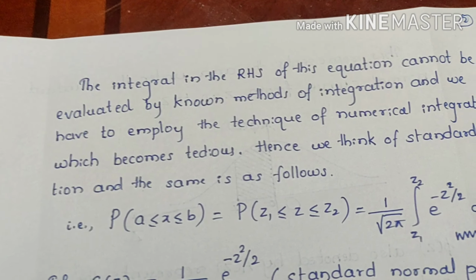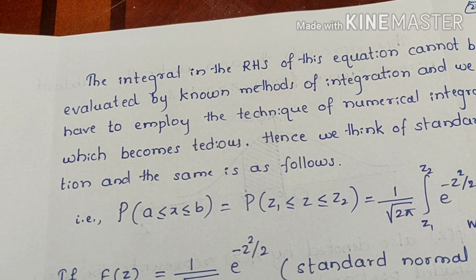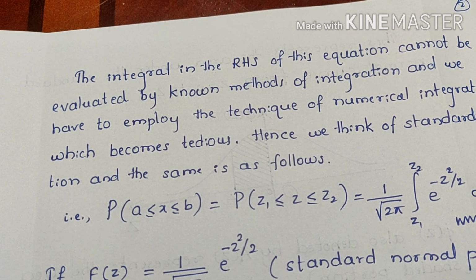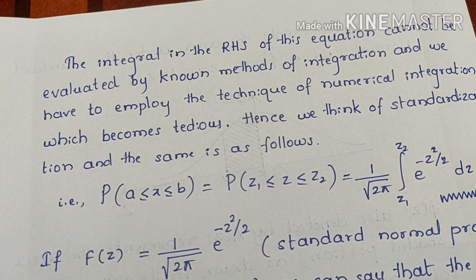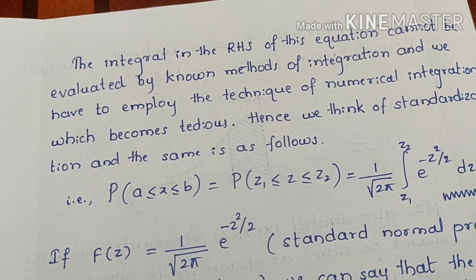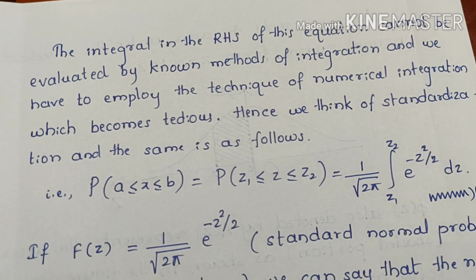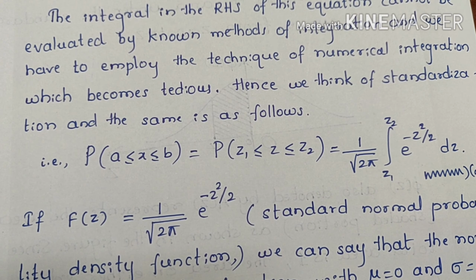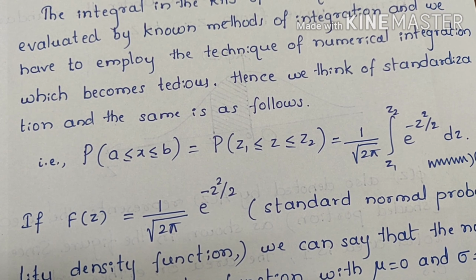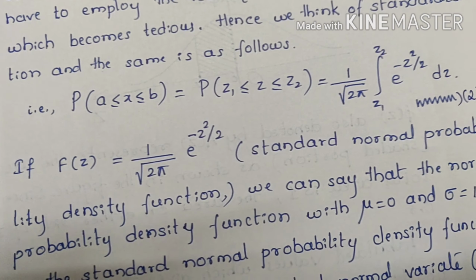The integral on the RHS of equation 1 cannot be evaluated by known methods of integration, and if we employ techniques of numerical integration, that also becomes tedious. For that, we think of some standardization. We can use the substitution method.